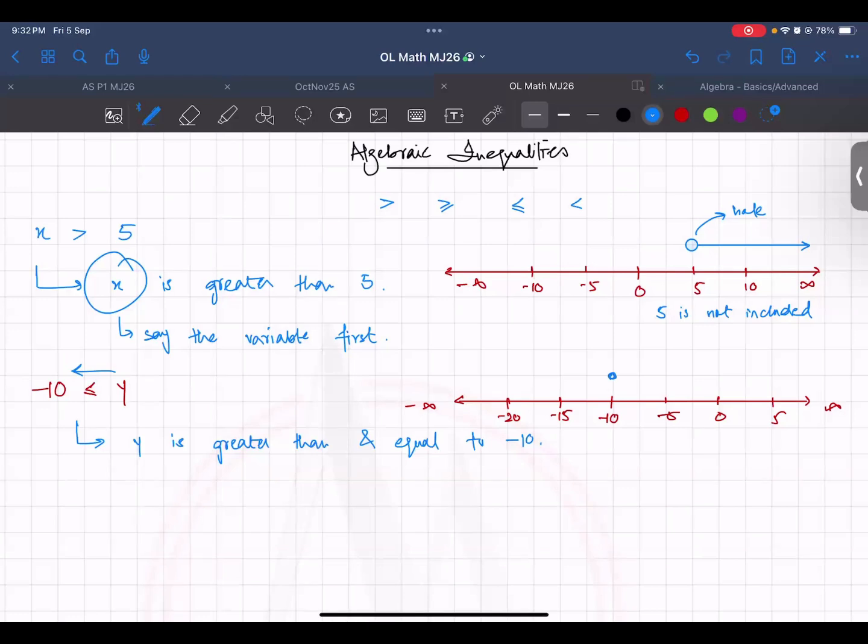Now this is a filled circle and it goes to the right side, because y is greater than. And this is the solid circle because -10 is included. It's a very simple thing.